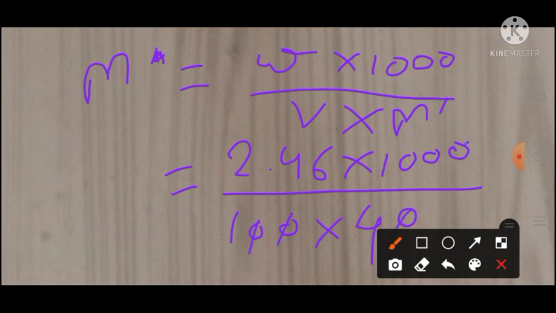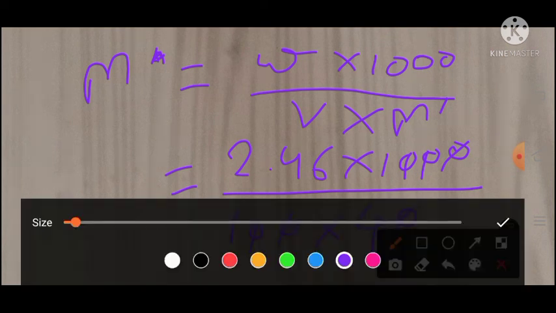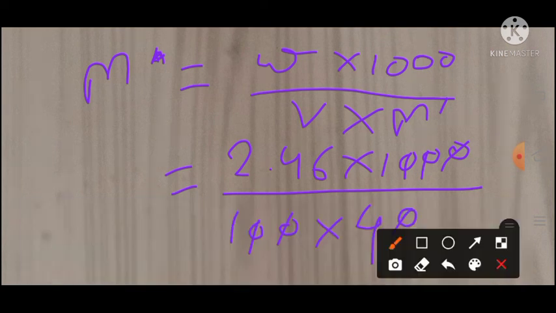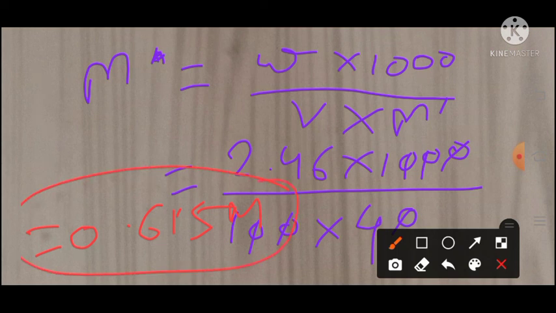Now we solve it: 2.46 divided by 4, and on solving we get 0.615 M. 0.615 M is the molarity of the solution.